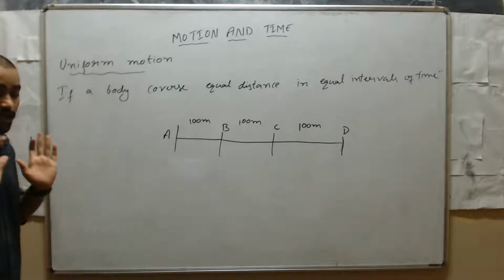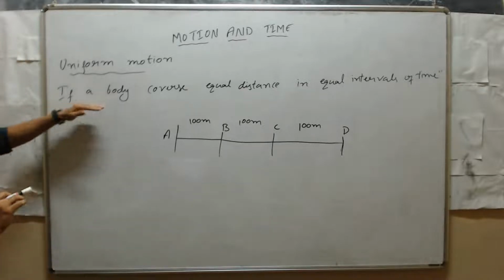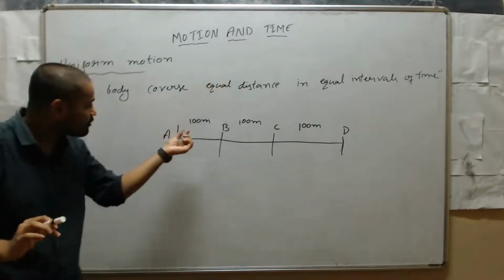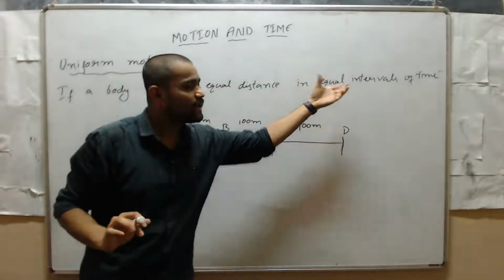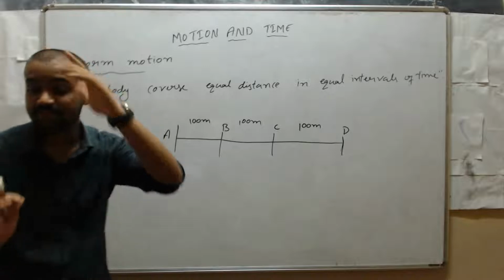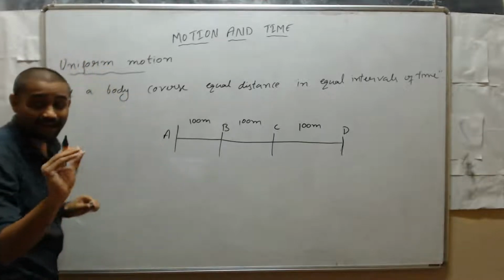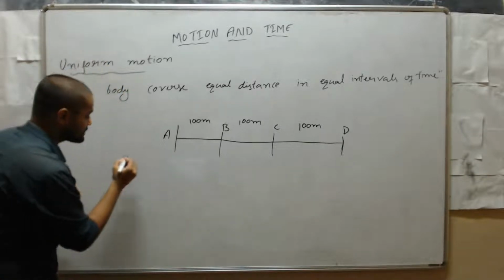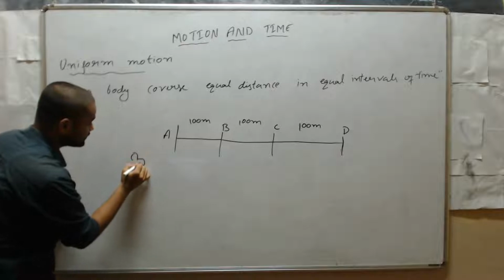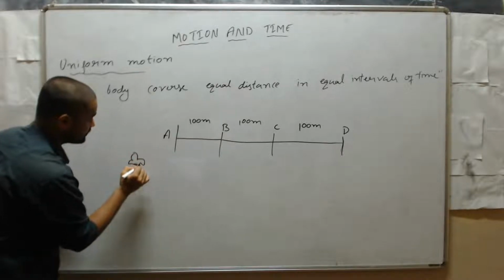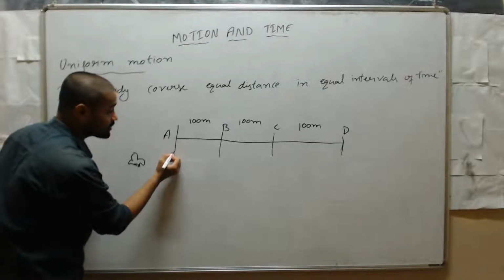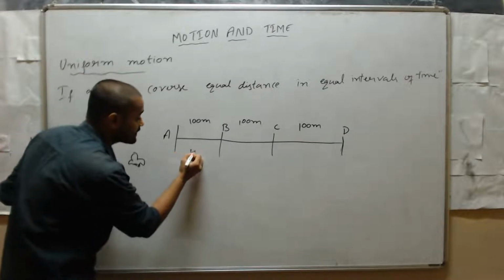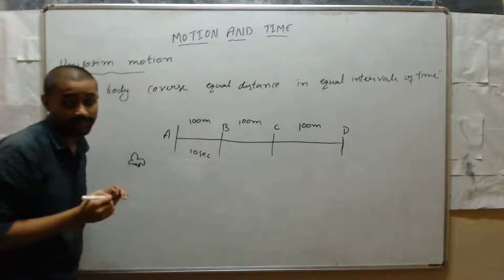If a body covers equal distance from here to here, then in equal intervals of time, see, if a car travels from A to B, it takes 10 seconds.